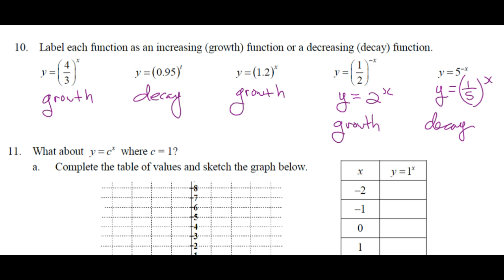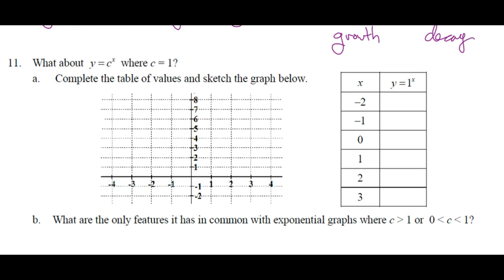Okay, so watch out if your x is negative, right? Because you're going to need the reciprocal of your base, or if x is replaced by negative x, it's a reflection in the y-axis. Now you think, hey, wait a second, here we had 2 to the x and we had 1/2 to the x. All right, we'll get to that in a second.